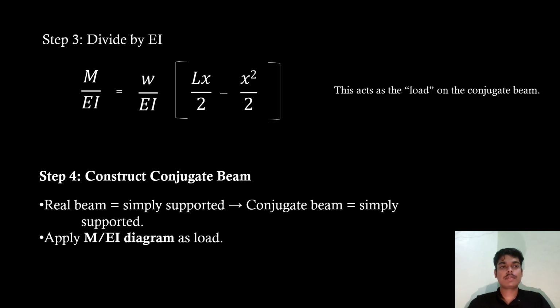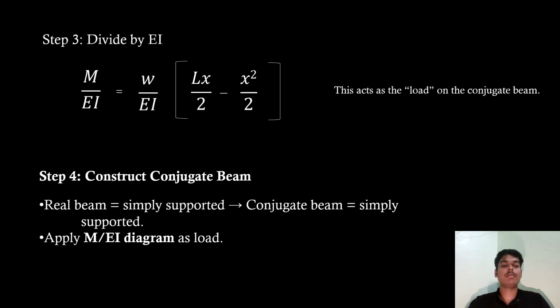Step 3 is divide by EI. So M by EI is equal to W by EI into bracket LX by 2 minus X square by 2. Step 4 is construct the conjugate beam, which includes: the real beam is simply supported, so the conjugate beam is simply supported.